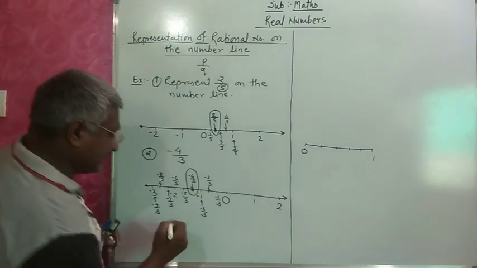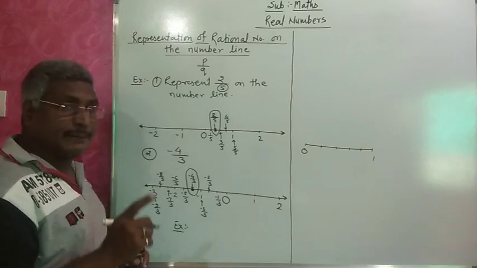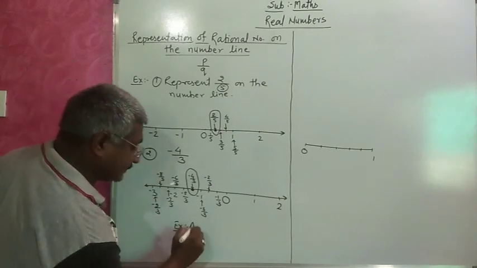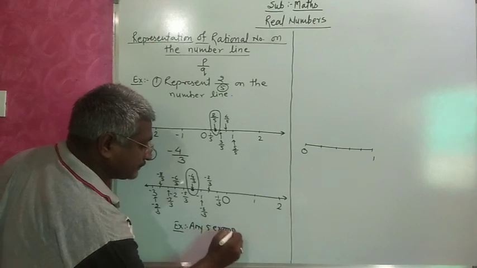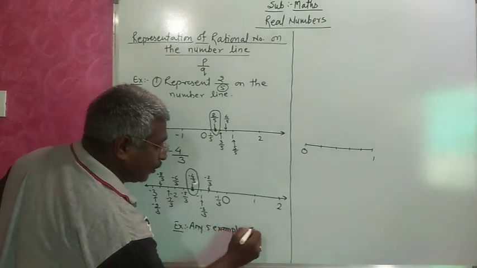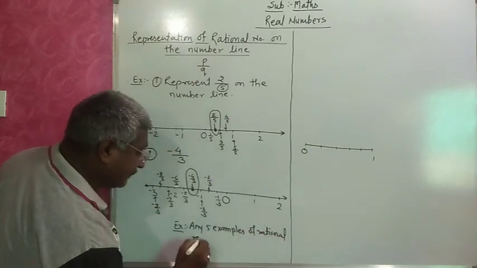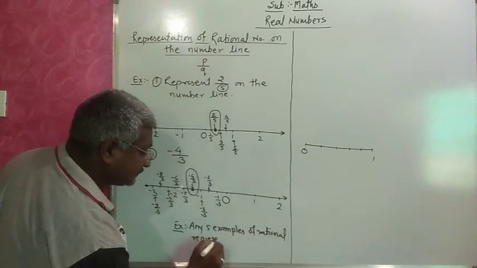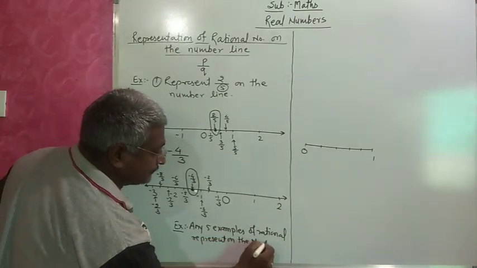Homework for this: yourself you can make any 5 examples of rational numbers and represent them on the number line.